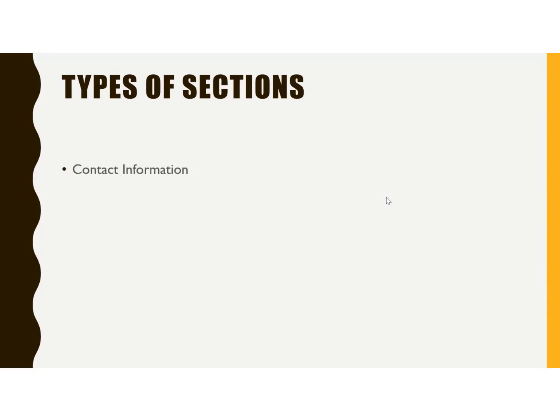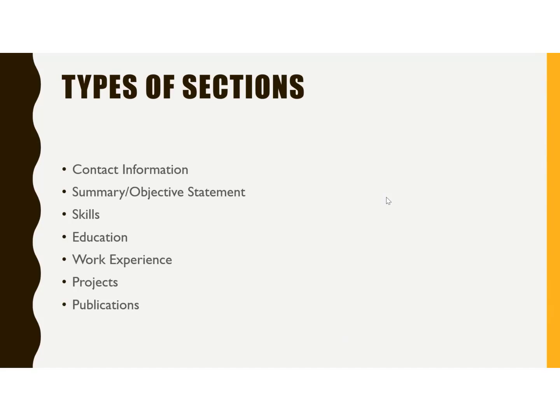So here's a bunch of ideas. Contact information, right out of the gate, fantastic. Summaries or objective statements. These are really common. Skills, we covered that. Education, we had mentioned that earlier. Work experience, but now we get into some things that you might not think about. Projects that you've been involved in. Publications you've put out, maybe you've been involved in some research and you've got a publication out there.